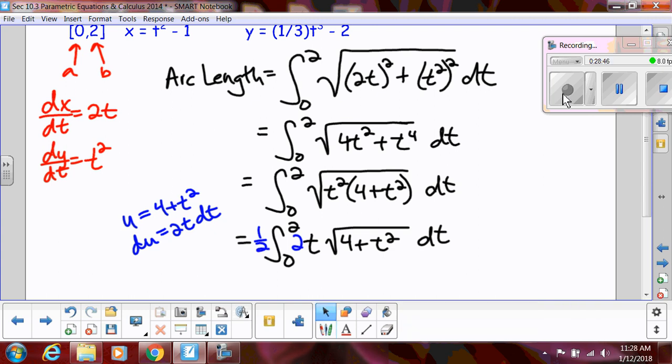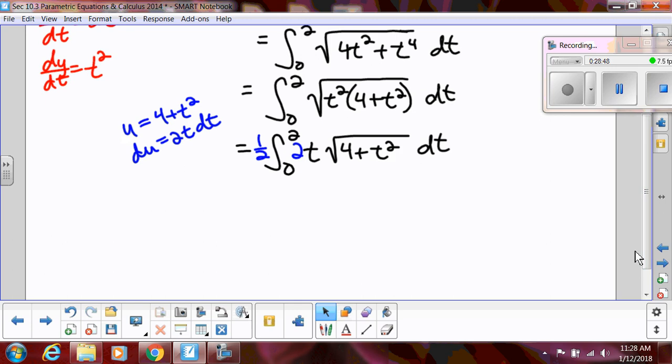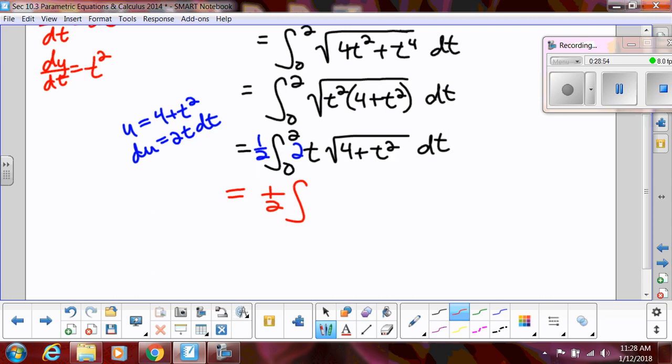So if I do that, I'm going to have an integral with respect to u. I'm going to have 1/2 integral of, this will just be, this is my du, right? This and this is my du. And I'm going to have u to the 1/2 du. So if I do the antiderivative of that, I'm going to have the 1/2. I'm adding the power, so that's u to the 3/2 power.